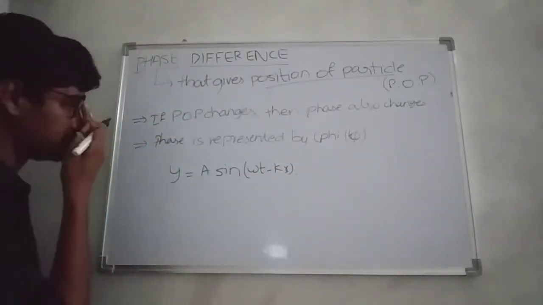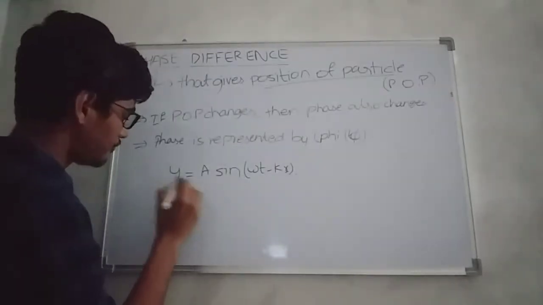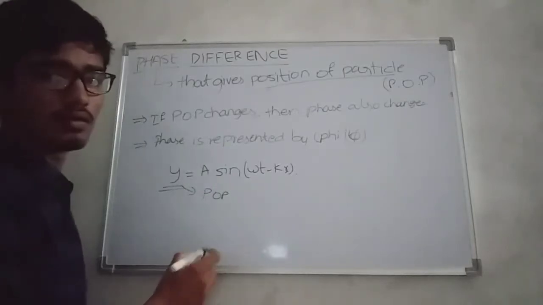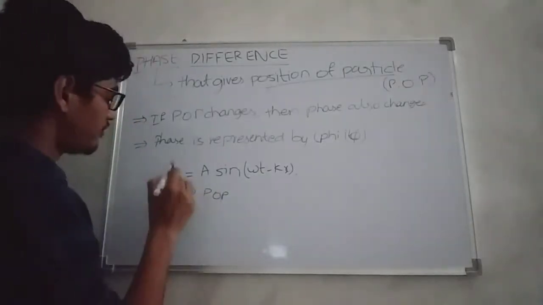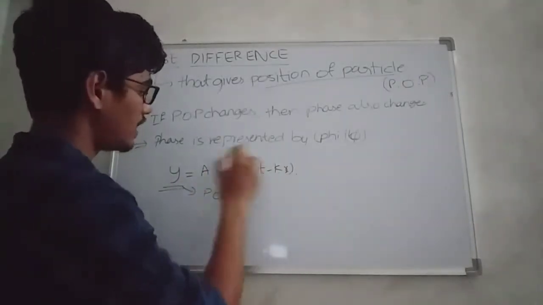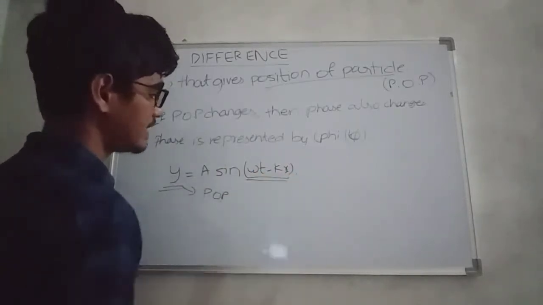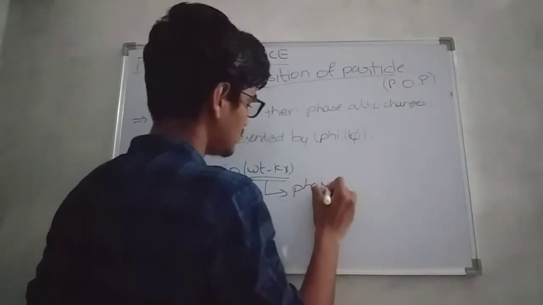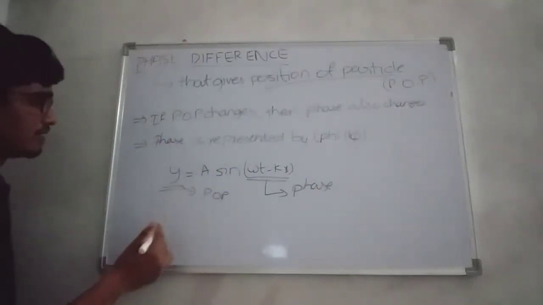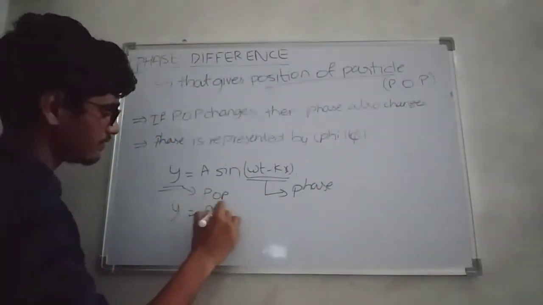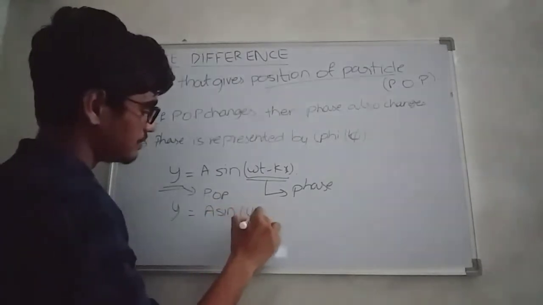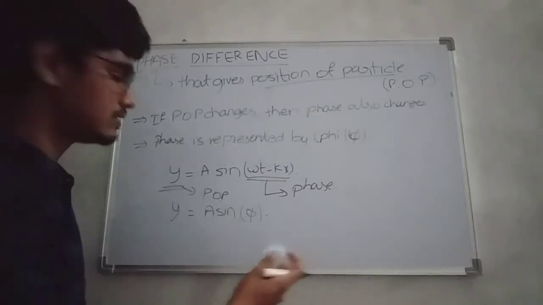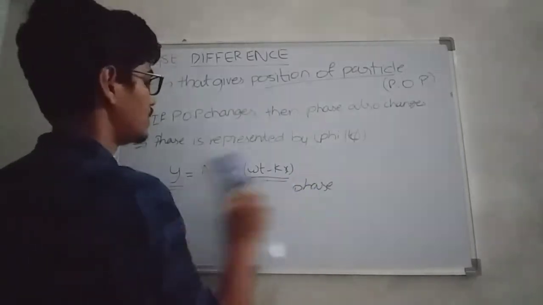Here, y is the position of the particle. If y changes, then in the whole equation this angle changes. So we can write this angle as phase. So we can write the wave equation as y equal to a sin phi.